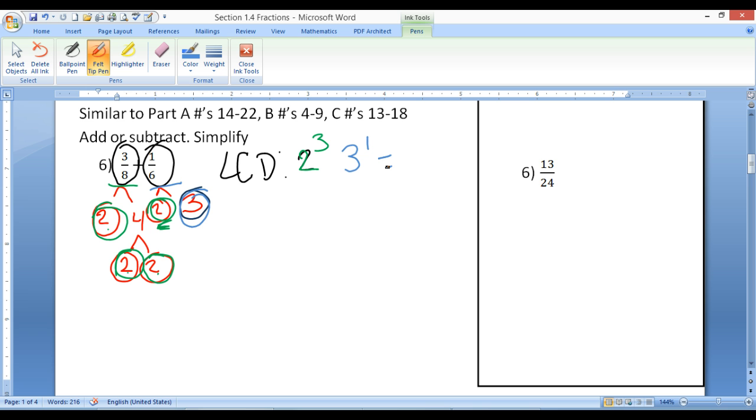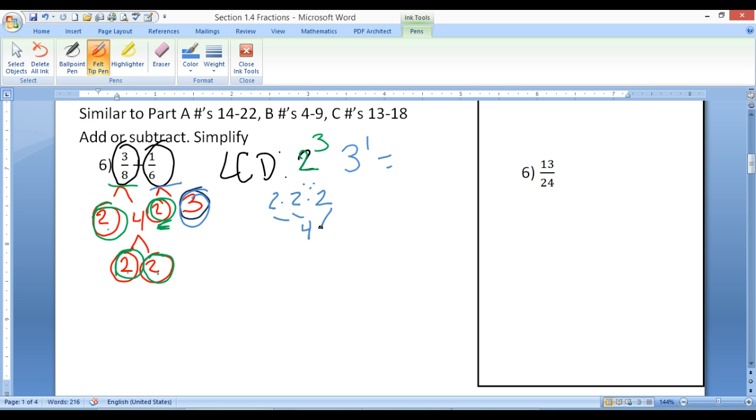We've gone through all of the different cookies, and this is 2 times 2 times 2. 2 times 2 is 4. 4 times 2 is 8. So what we did was 2 times 2 times 2. These two will make 4.